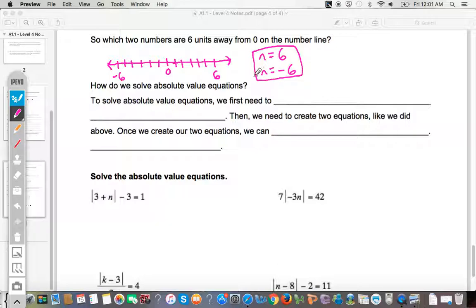Okay? So let's go over how to solve these. That was a very simple one, but of course they're going to get a little more complicated. So to solve absolute value equations, we first need to get our absolute value expression by itself.